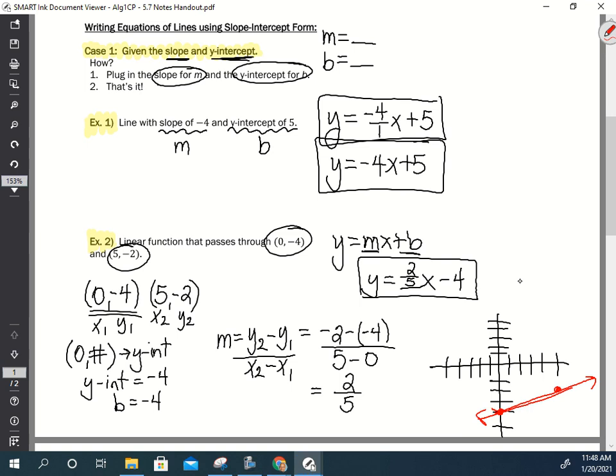So you would go up 2 and to the right 5. So that's still 2 over 5. But Janai, you're absolutely right. If it can be reduced, you reduce. Any questions with case number 1?